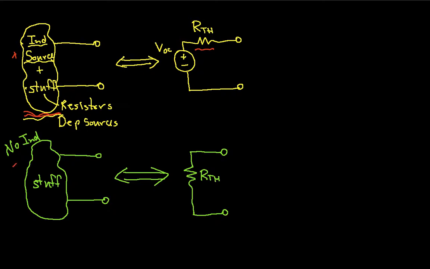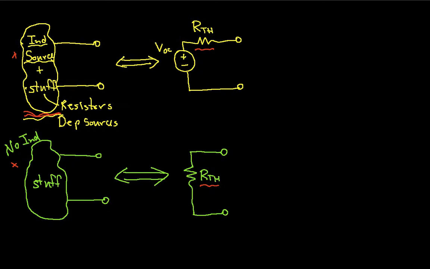In the case where I have no independent sources, quite often I'm connecting the stuff to other circuits that have independent sources, and so this R Thevenin quite often can be considered to be an input resistance. So it's, again, a very nice and simple way of modeling complex stuff.